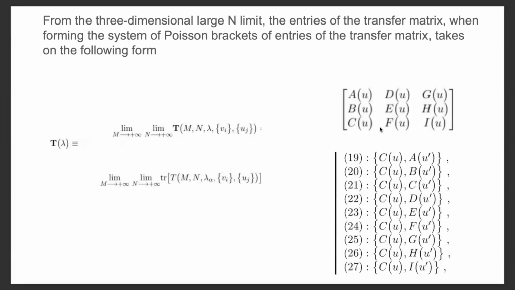And that's relating to the set of 81 relations, which are in the background, which take some computations and approximations in the asymptotic large N limit with the Poisson bracket.